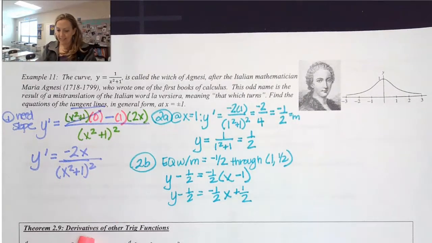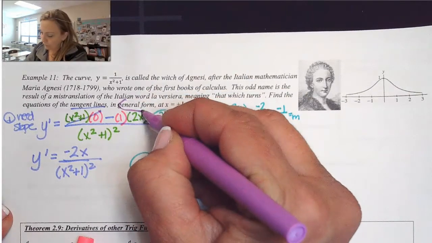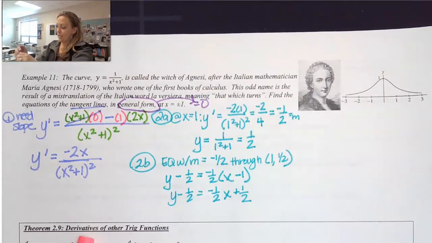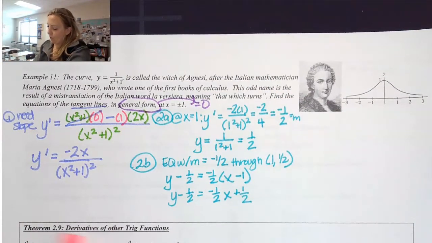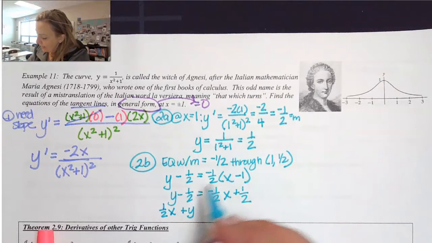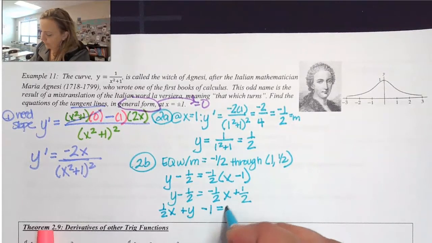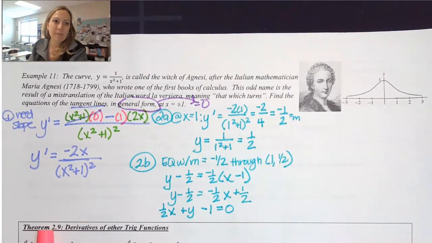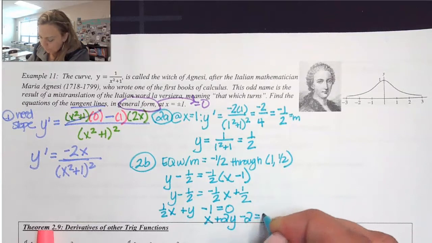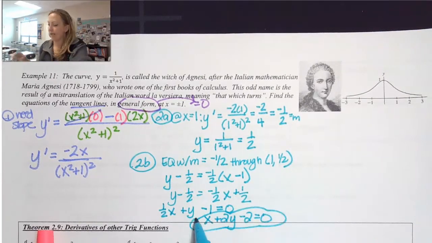And it does ask us to have it in general form, and remember that general form is when it equals 0. So we could move everything over and get 1/2 x plus y minus 1 equals 0. And oftentimes general form doesn't have any fractions in it, so I'll multiply by 2 to get x plus 2y minus 2 equals 0. Okay.